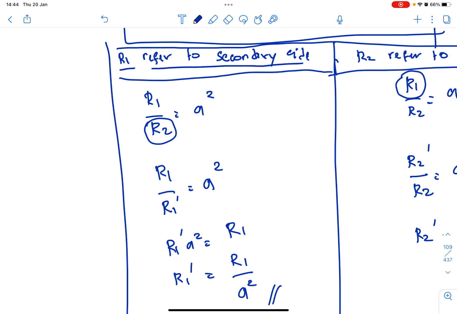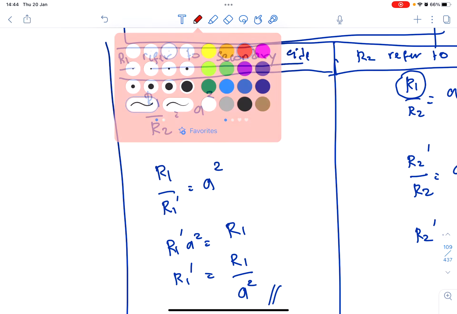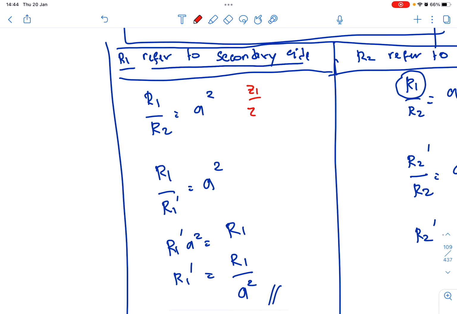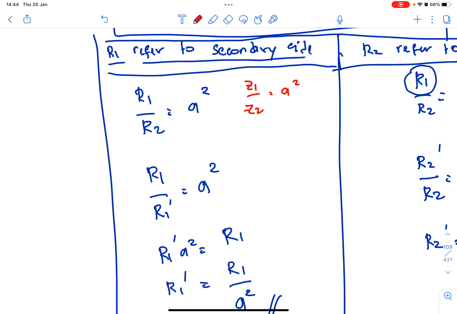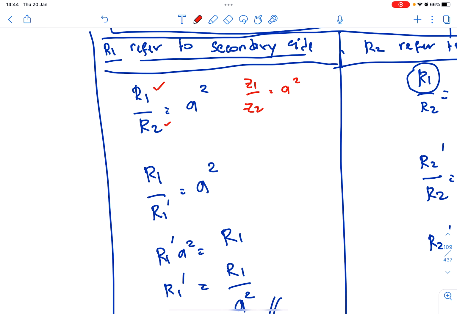So for the rules for impedance, as you recall, the impedance equation tadi, Z1 divided by Z2 equal to A square. So similar to it, R1 divided by R2 equal to A square. Now you want to transfer this R1 to the secondary side.